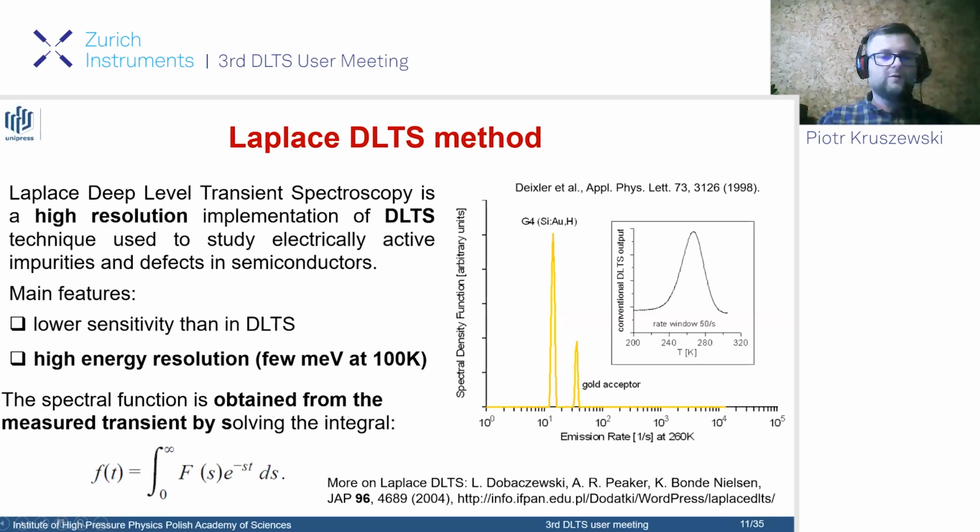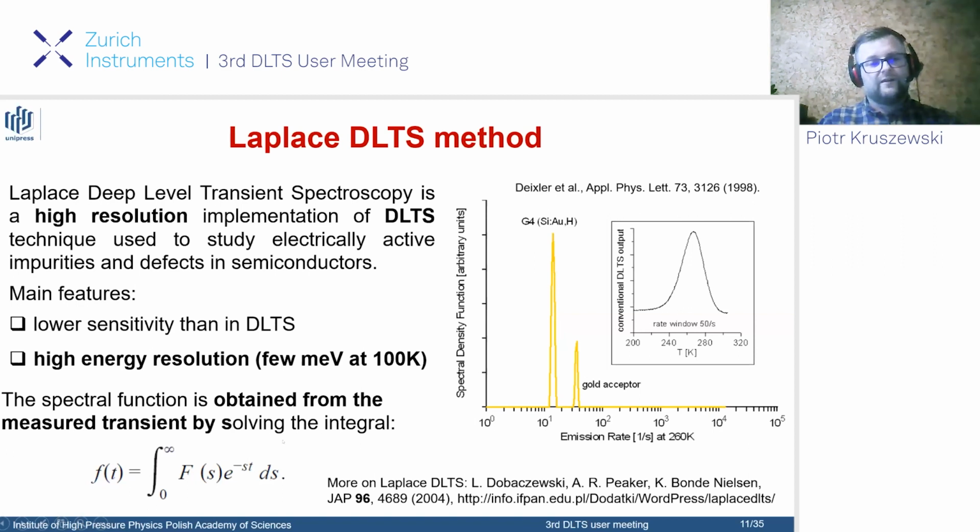Okay, so how are these peaks obtained? Here you can see the equation of the Laplace transformation. In principle, this is a mathematical routine which calculates the output data from the input data.